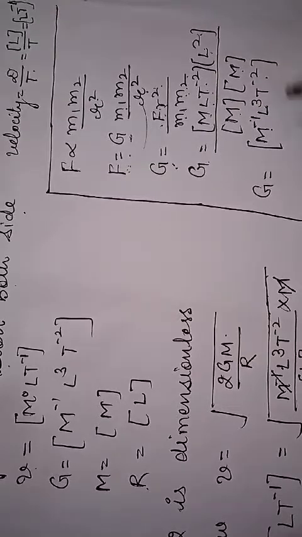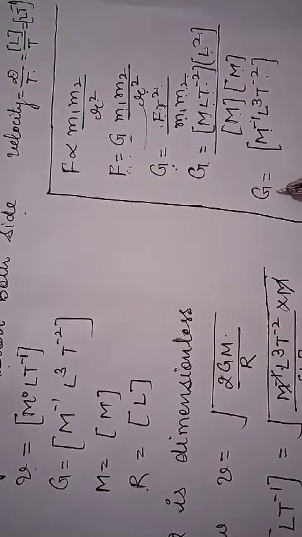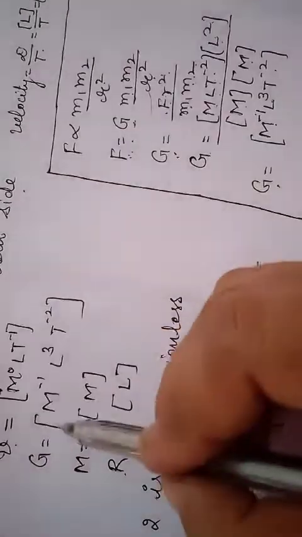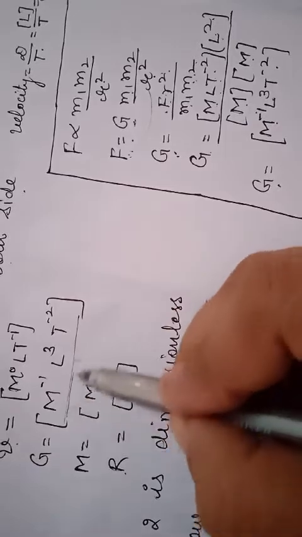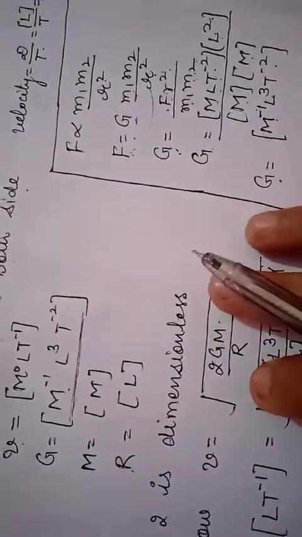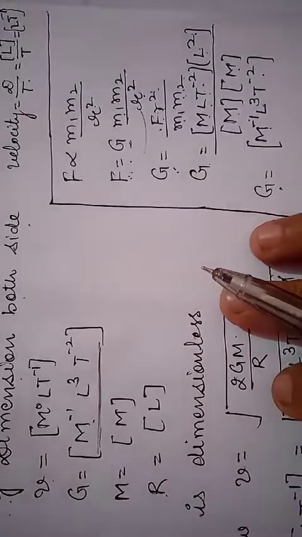So these are the dimensions of the gravitational constant G.